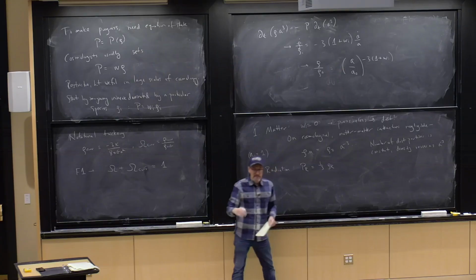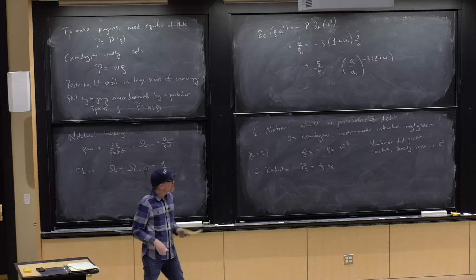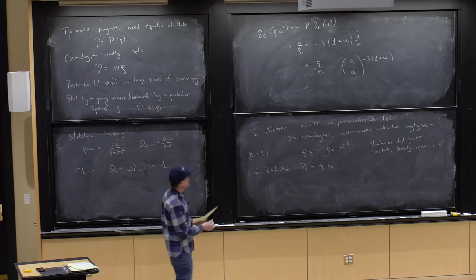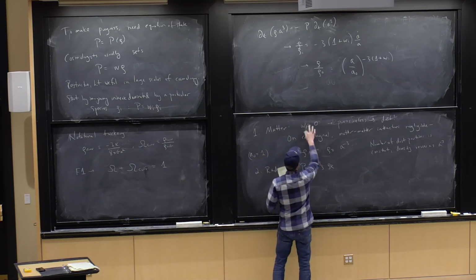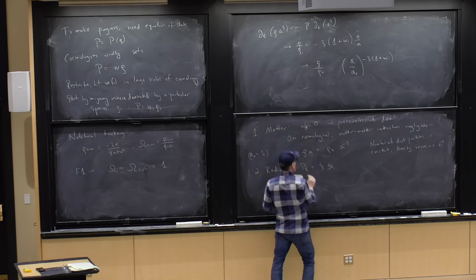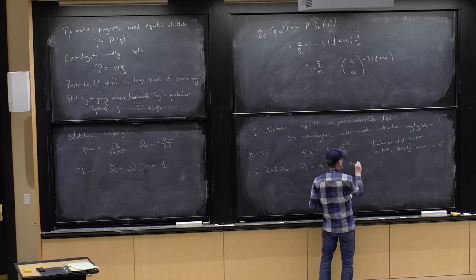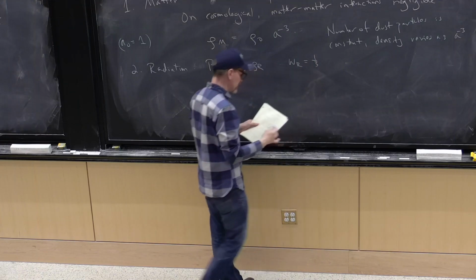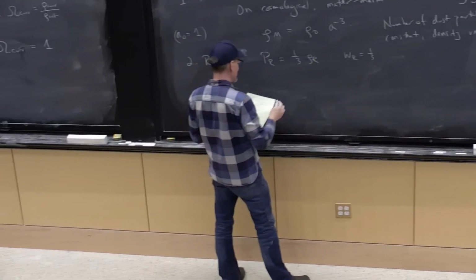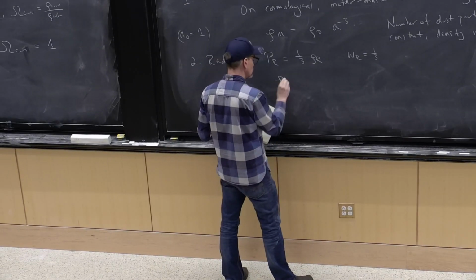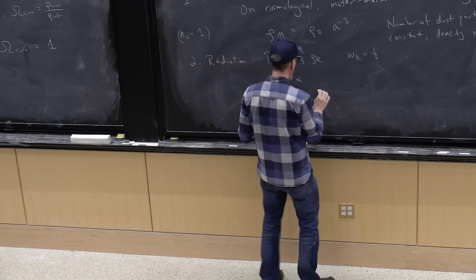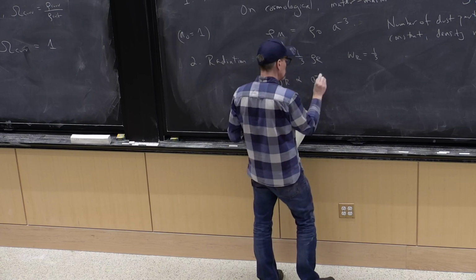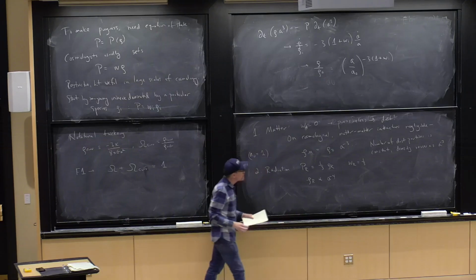Okay? Factors of the speed of light are being omitted here. So this corresponds to a law in which, I should have made this an M, so this is my i equals m for matter, my W for radiation is 1/3. And what you find in this case is that rho of radiation scales with the scale factor to the 4th power.